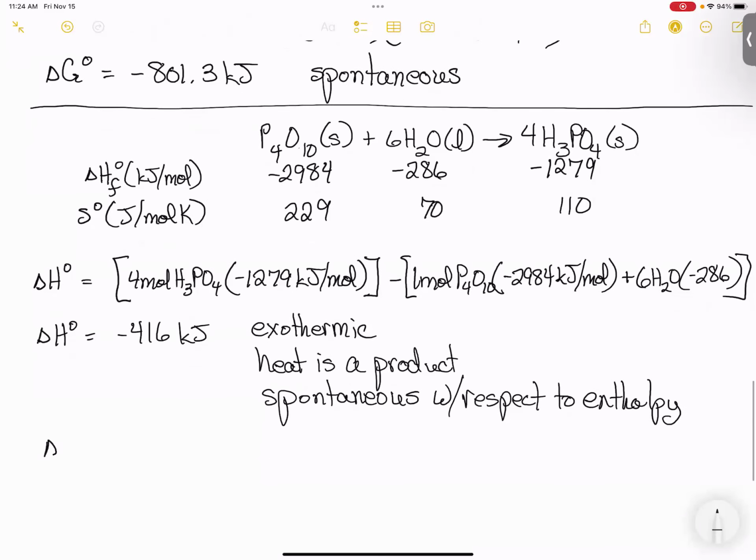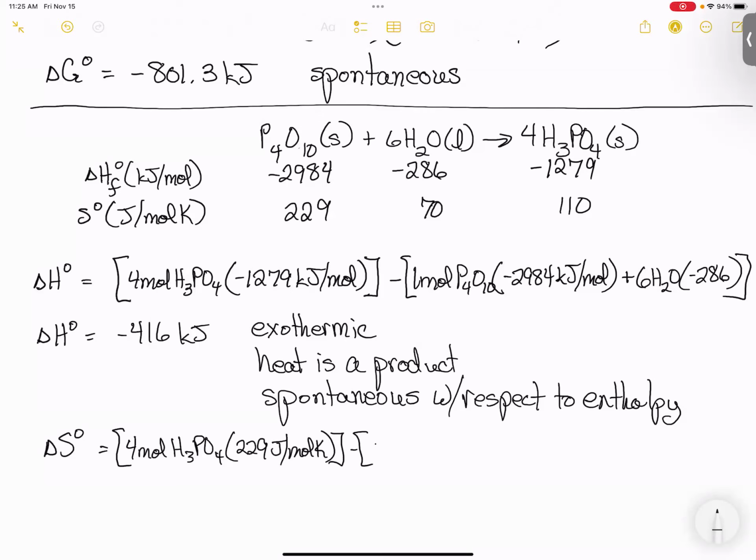Now let's calculate delta S naught. Delta S naught is 4 moles of H3PO4 times 229 joules per mole Kelvin, minus the reactants.